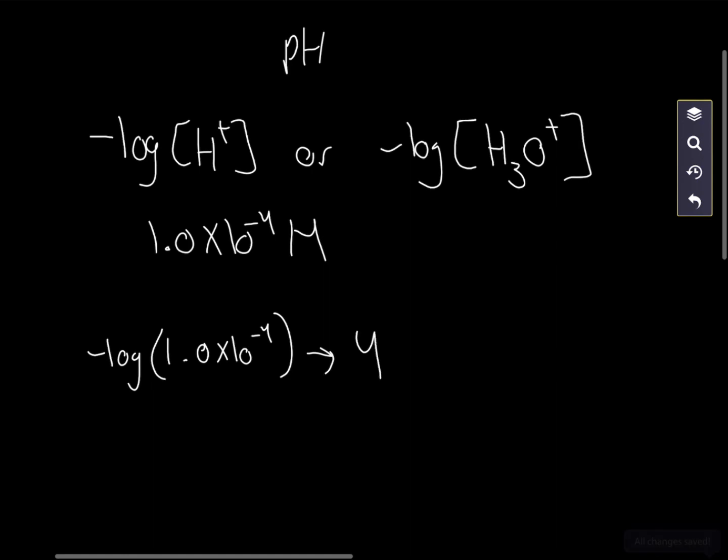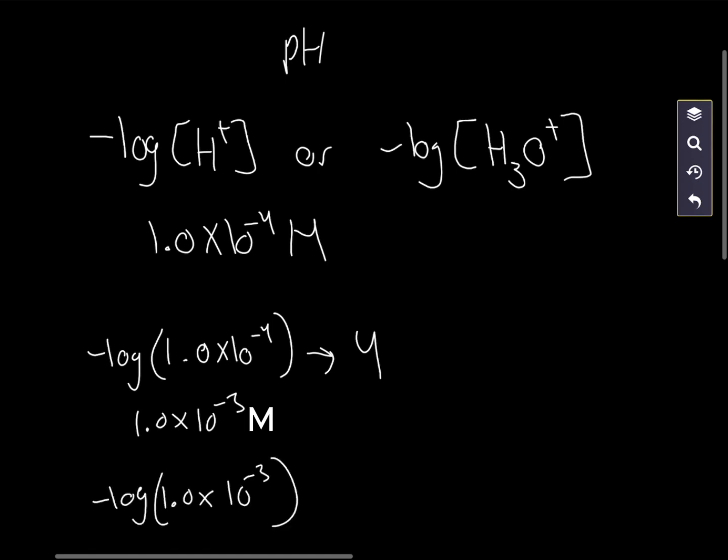So something with a concentration of 1.0 times 10 to the negative 4 has a pH of 4. Let's say the hydrogen ion concentration was 1.0 times 10 to the negative 3. Negative log of 1.0 times 10 to the negative 3, and you're going to get 3.